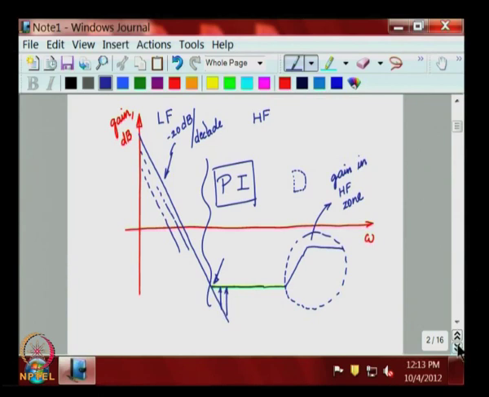So, this is the approach that we are going to follow. Choose K I parameter first, and then K P parameter next, and only if required go for the K D parameter.